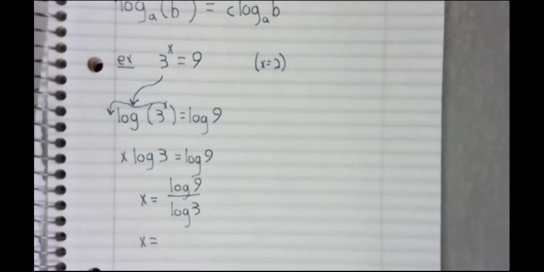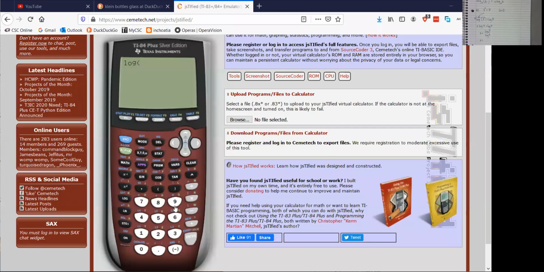And that works out to what? Let's go to our calculator. The common logarithm of 9 divided by the common logarithm of 3.